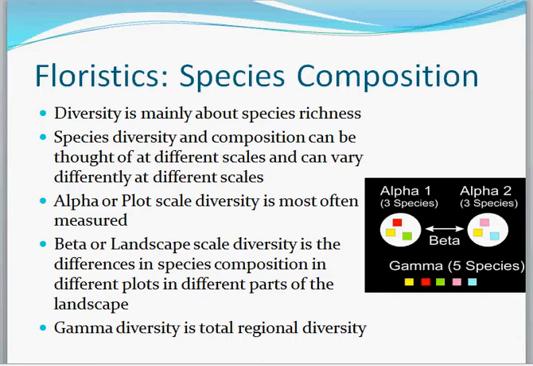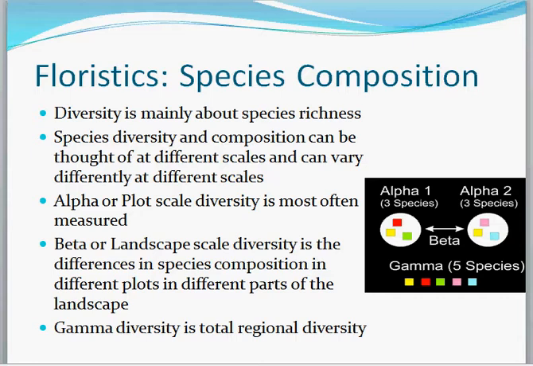Beta or landscape scale diversity is the difference in species composition in different parts of the landscape, across the landscape. And this is over the scale of maybe tens to hundreds of kilometers. So we're outside the variation in species across, just from a valley to a ridge, for instance.